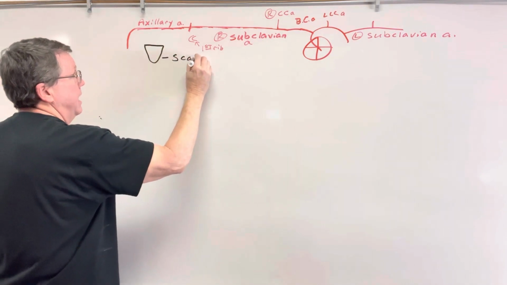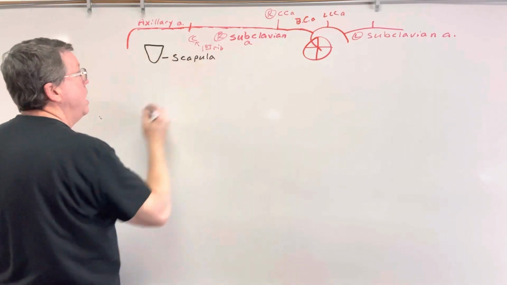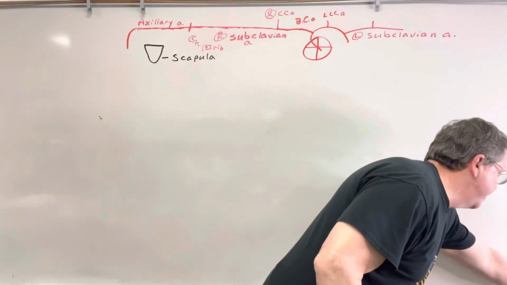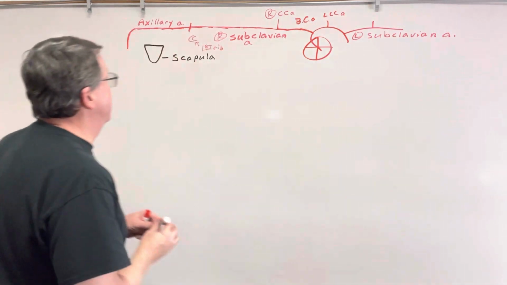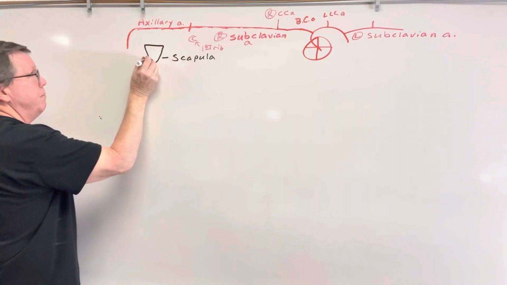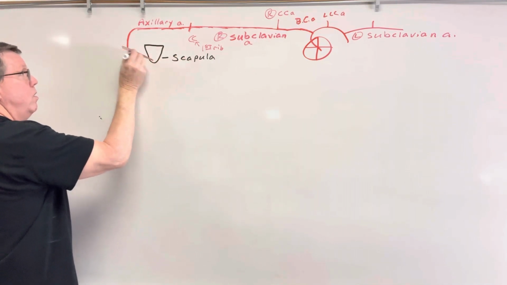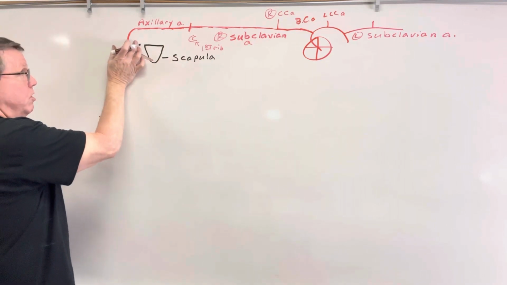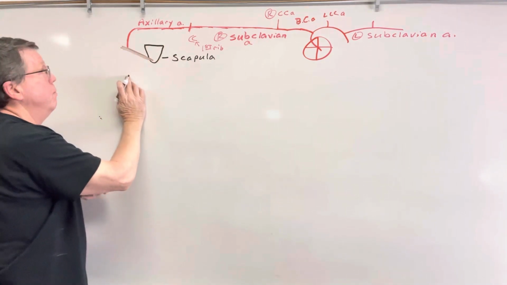And this is going to be our scapula. And coming off the scapula, we have the teres major muscle. It's going to come off the bottom of the scapula, and it's going to go this way to the humerus. Now, I'm not drawing the humerus, but the humerus is going to be right here. Remember, the humerus is your arm bone.